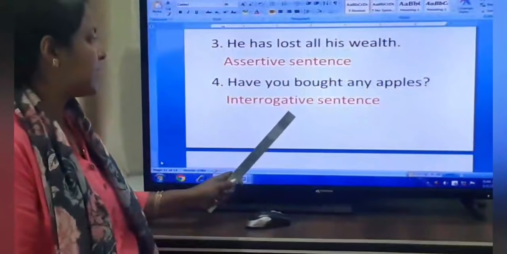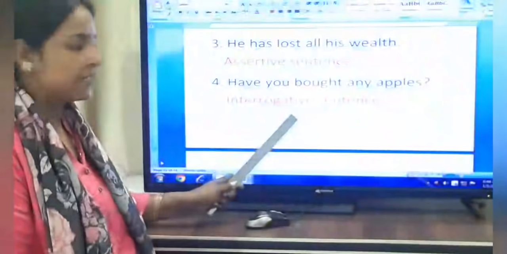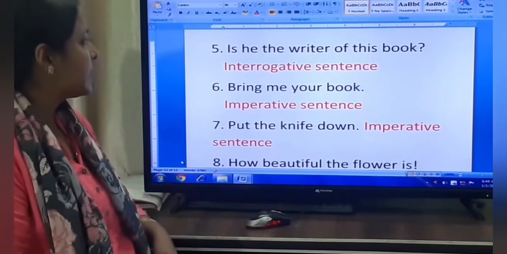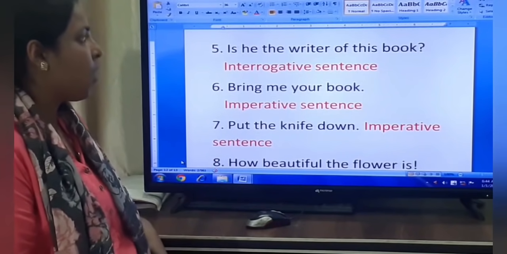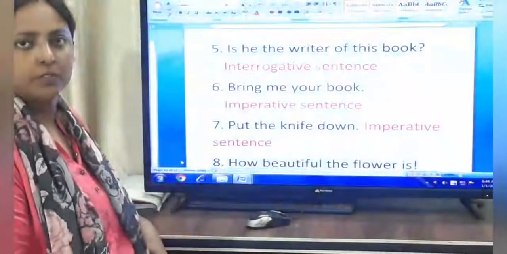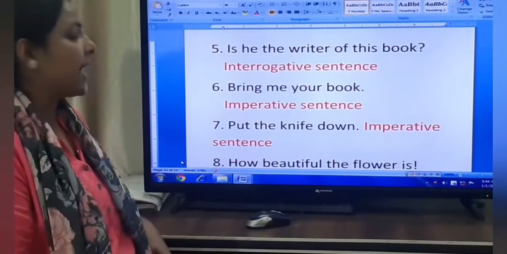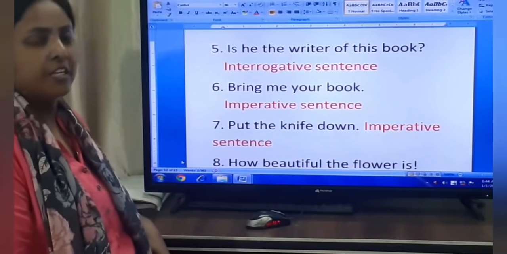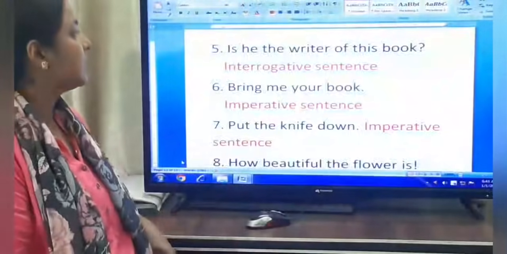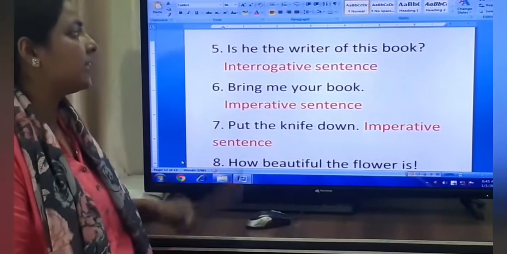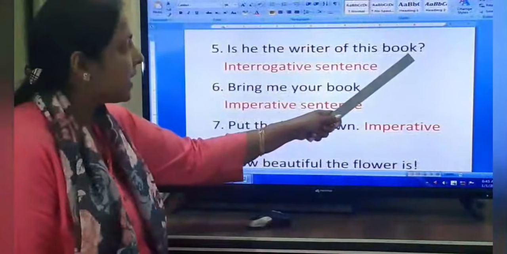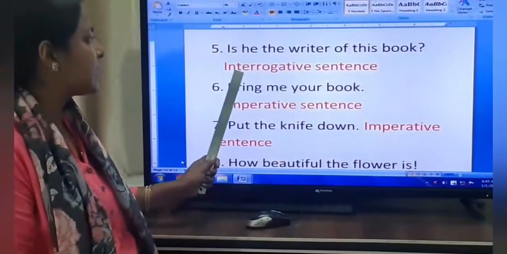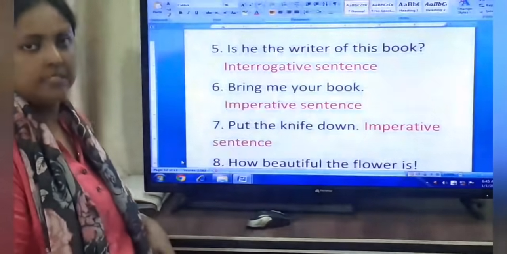So this sentence is an interrogative sentence. The next sentence is, is he the writer of this book? I repeat, is he the writer of this book? The sentence starts with a capital letter. It ends with a question mark. So what kind of sentence is it? Interrogative sentence.